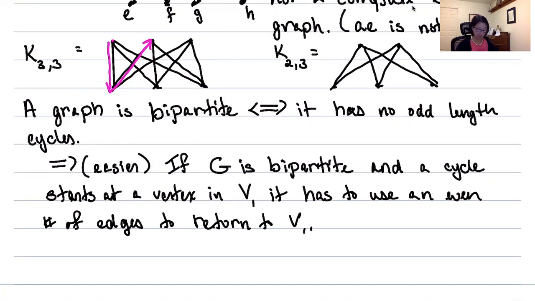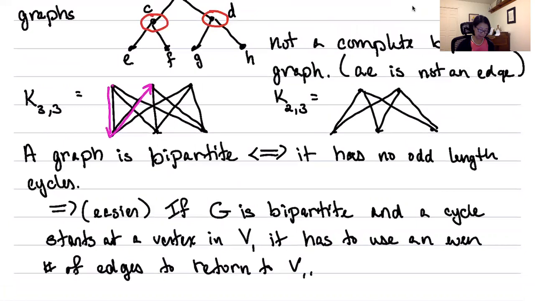Okay. And that's where that first vertex is, right? So if it's a cycle, it has to return to V1.